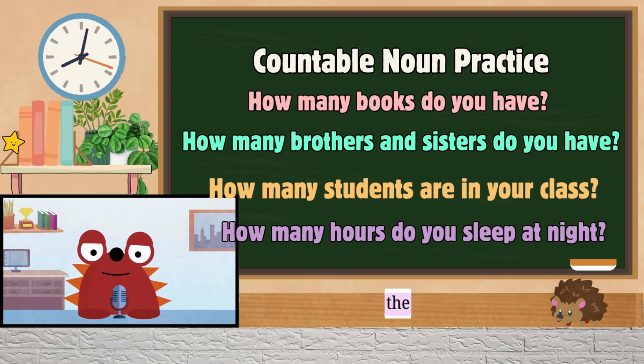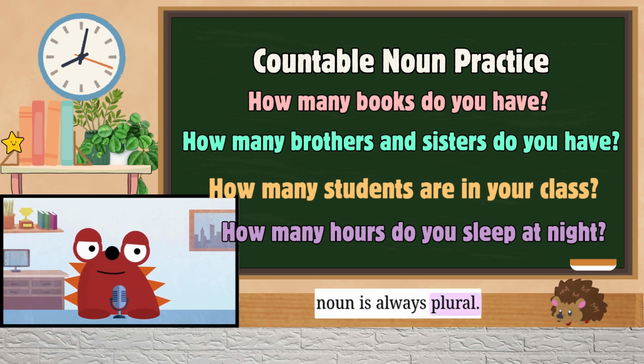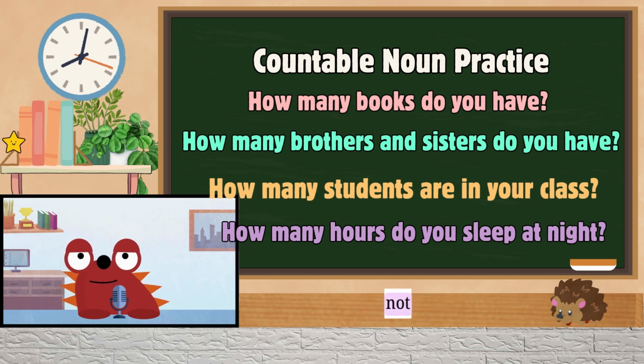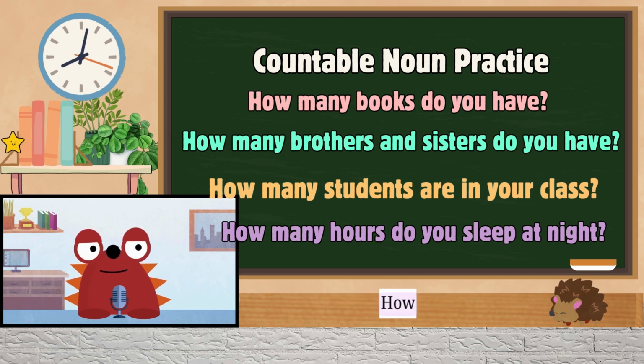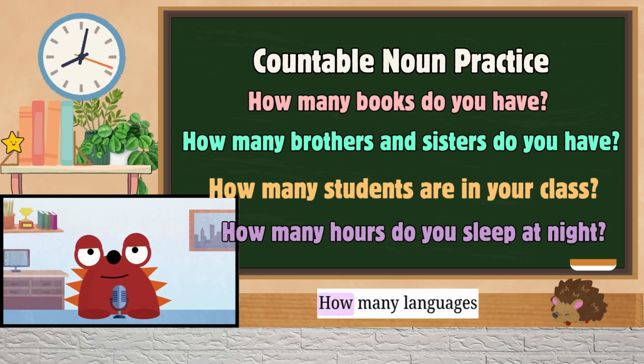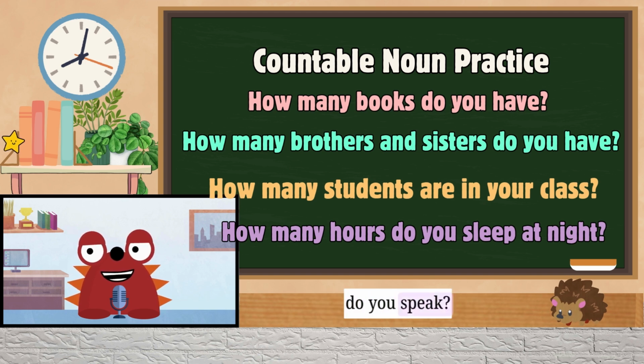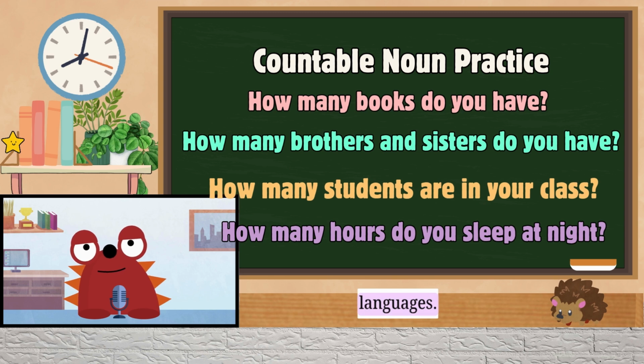After how many, the noun is always plural. We say how many books, not how many book. How about this one? How many languages do you speak? I speak 2 languages.